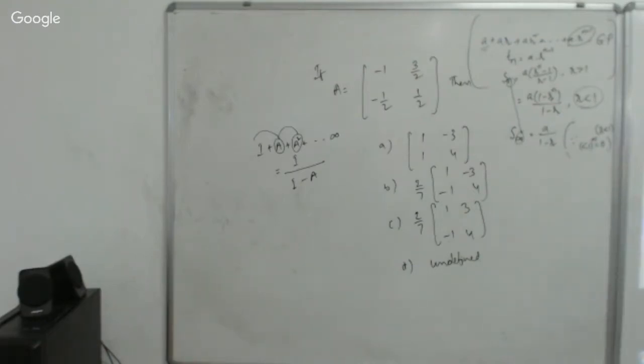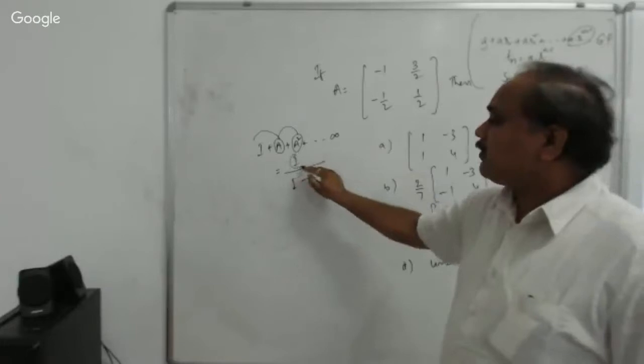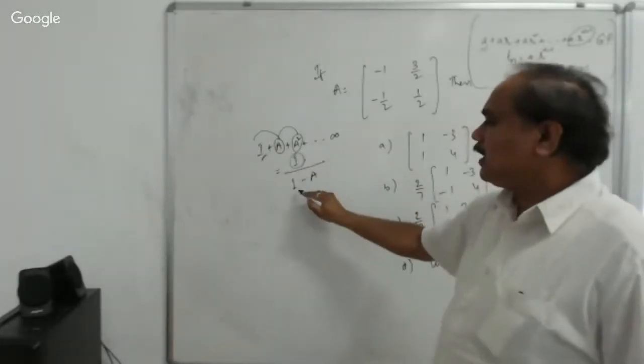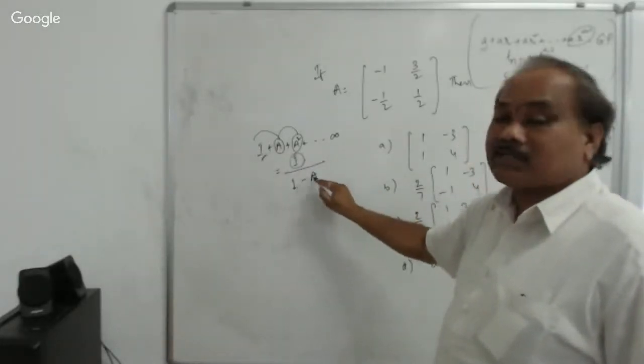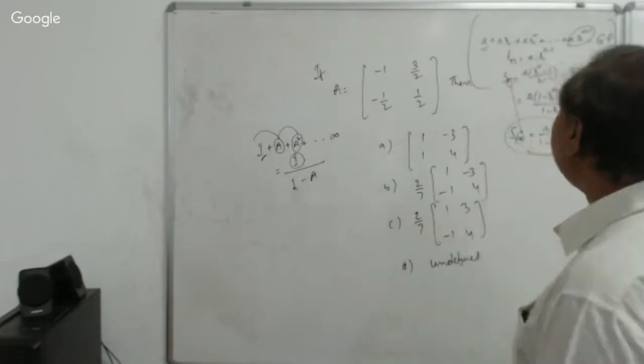I plus A square and so on up to infinity, by applying the A by 1 minus R formula, where the first term is I, equals I by (I minus A).